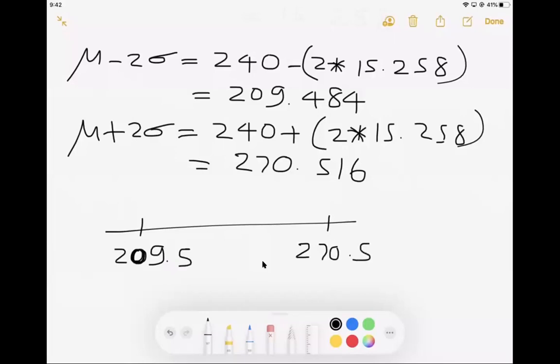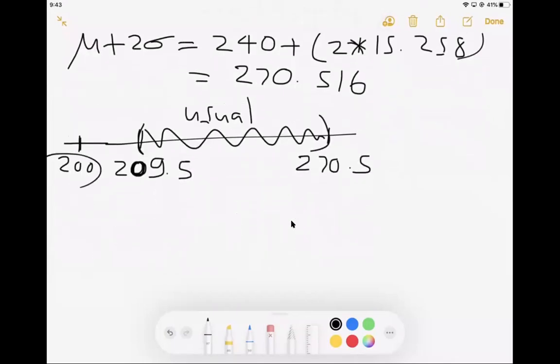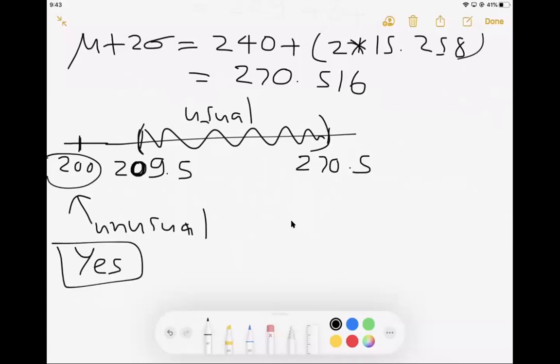So for the first question, observing 200 twins, 200 is down here, outside the boundaries. If you have any value in between these two values, those are usual, otherwise unusual. So what can we say about this value? It's unusual. So for the first one, is it unusual? Yes. That's the first part.